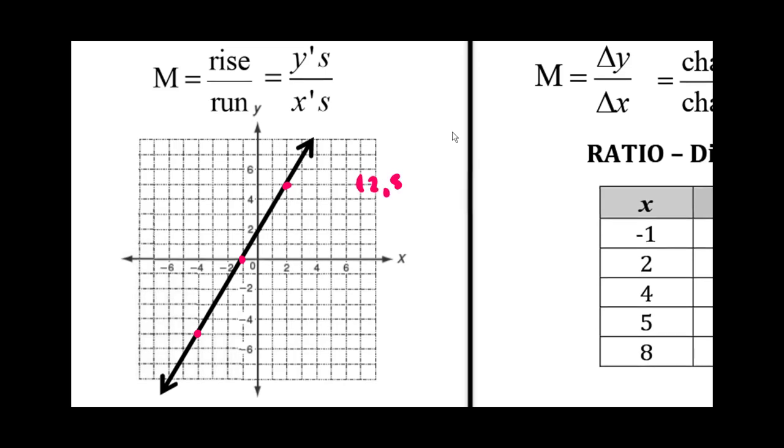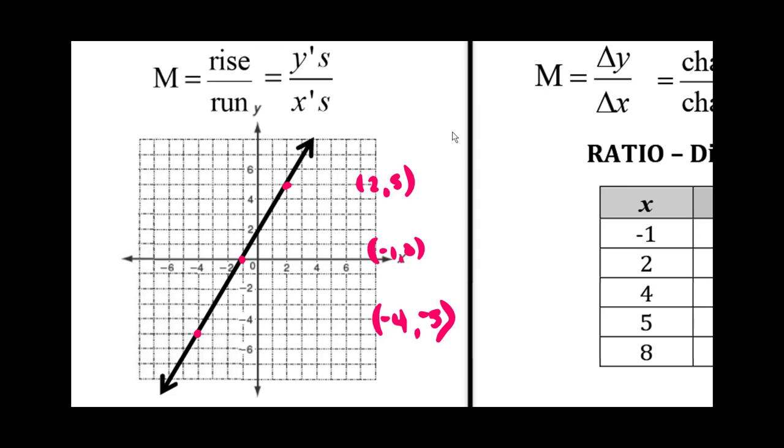We've got 2, 5 here. We've got -1, 0 there, and -4, -5 right there. Okay, good.